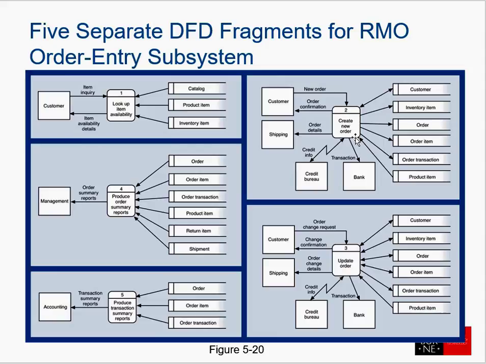We need to understand a little more detail, so it's much better to decompose the create new order use case further, because it looks a bit complicated. Updating order is another process, but that is very straightforward. But creating new order looks complicated, because we have lots of other external agents involved.